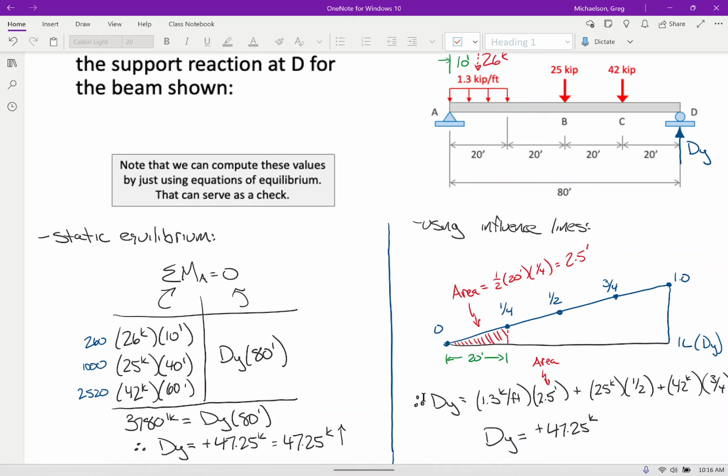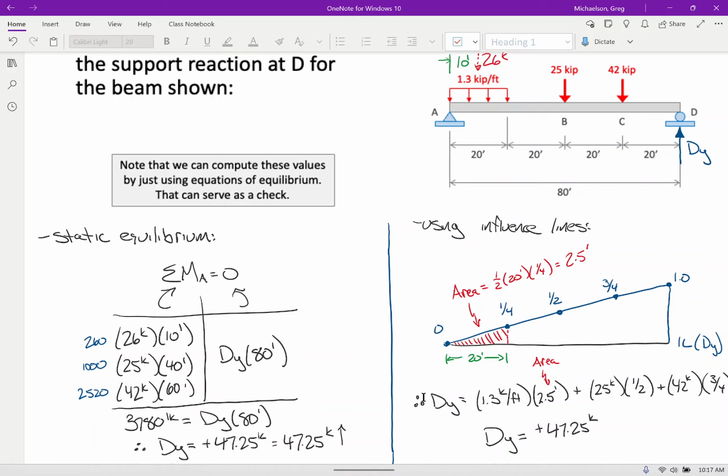What is the worst case vertical reaction at D due to a moving 50 kip load? What's the answer to that question? Let's think about that.